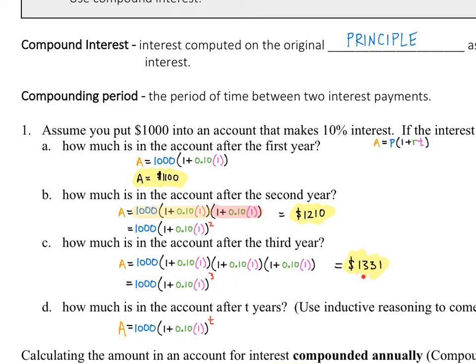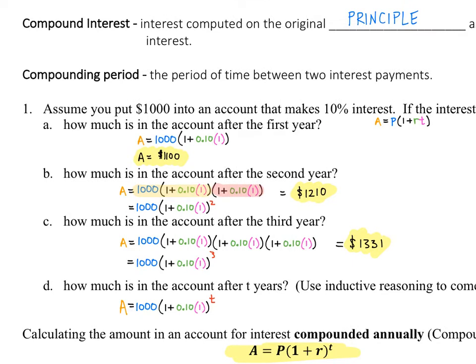And so we would get 1,331. So in general, what can we say? If I have an account sitting in there for T years, I would simply write it as my principal times 1 plus my rate times time raised to that T, okay?